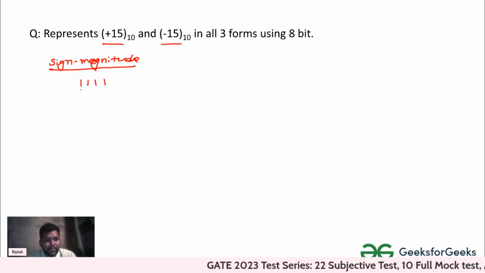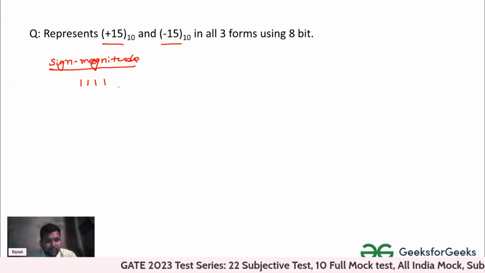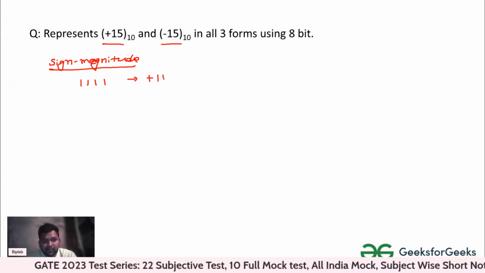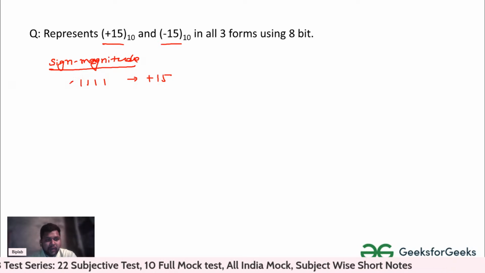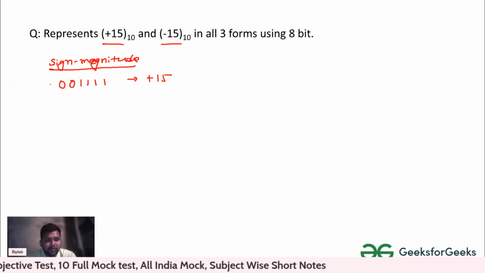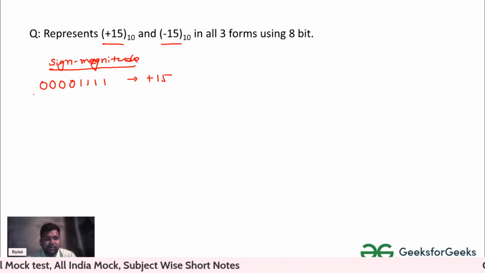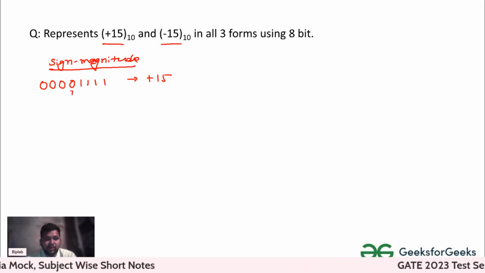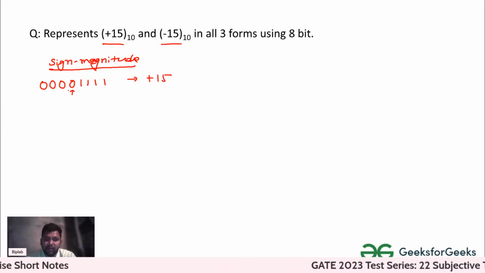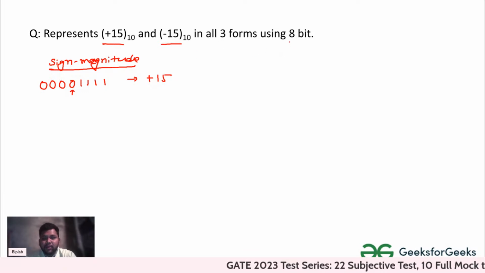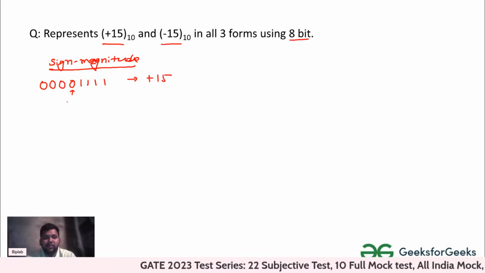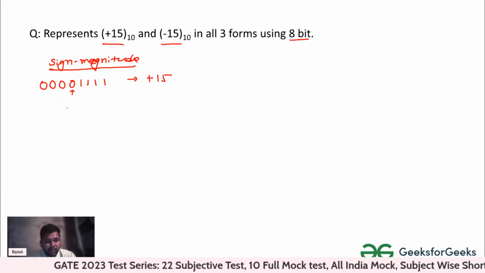I am writing this for plus 15, and as a sign bit you add 0, and the other 0s we are adding because we were asked to convert it into an 8-bit number: 00001111.